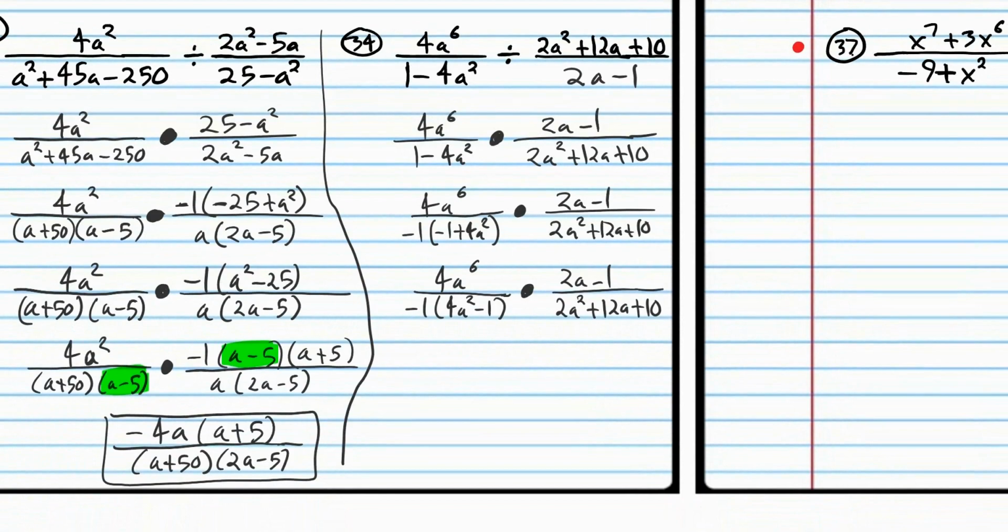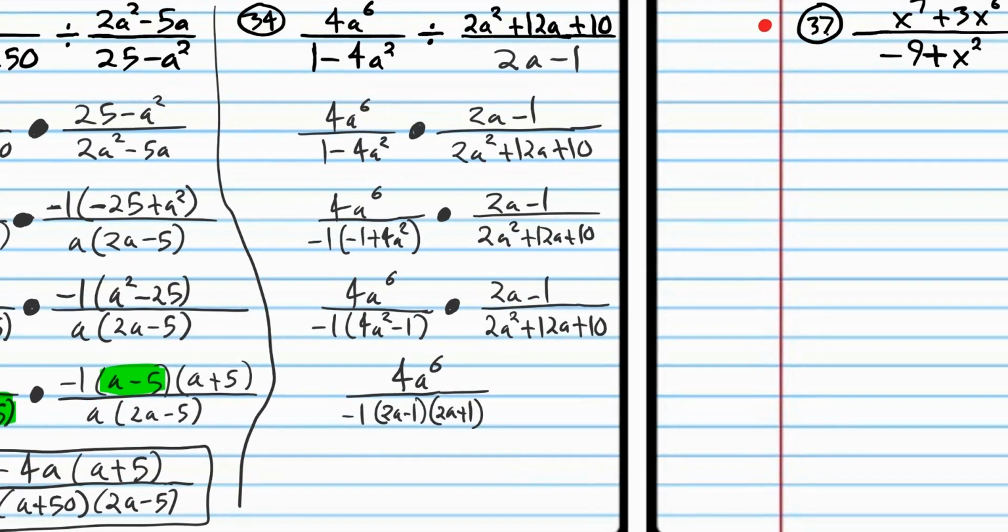And let's see here. 4a squared minus 1 is the difference of two squares. I'm going to write that denominator a little bigger.